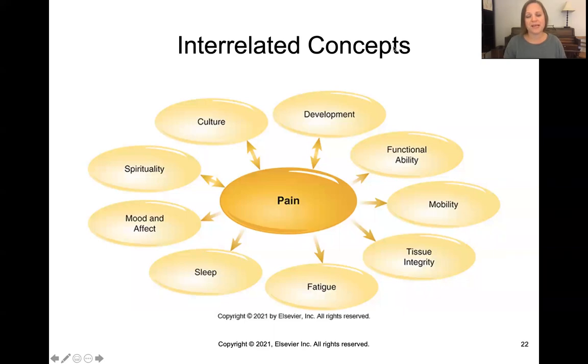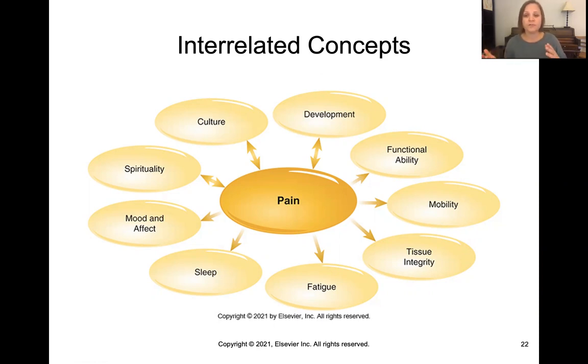When a patient's in pain, it's so hard for them to be able to function and enjoy the quality of their life. Pain can have a consequence and an effect on so many interrelated concepts, including their culture, spirituality, mood, sleep, fatigue, tissue integrity, mobility, function, and development.